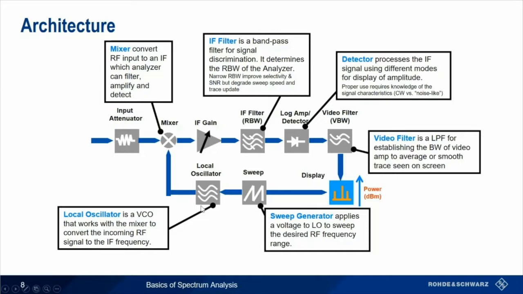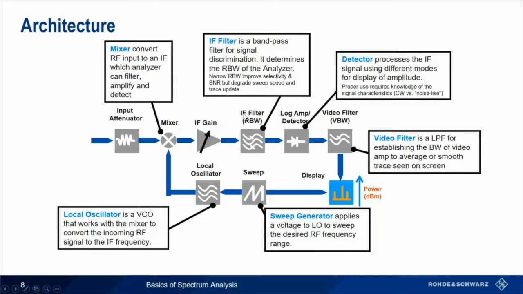Then we have the local oscillator, and the local oscillator is going to work with the mixer to take that RF input and convert it into an IF signal that we can filter and amplify and detect. And so this is one of the critical aspects of the spectrum analyzer. Next, we have a sweep generator, and it's going to sweep across that desired RF frequency range and allow us to see all of the different frequencies in there.